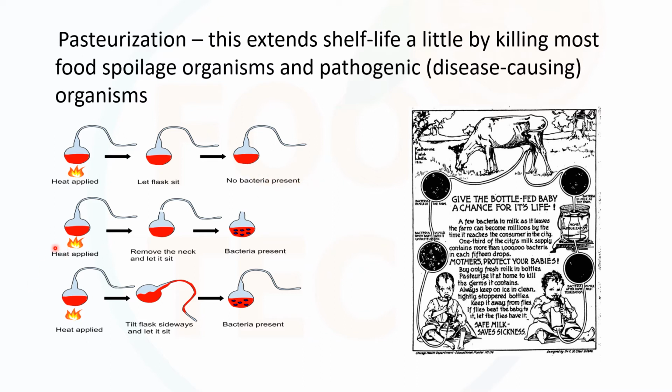In the second chamber heat is applied but it is open, so bacteria are present after heating. In the third one, the chamber is slightly open, heat is applied, but bacteria are present in the end.